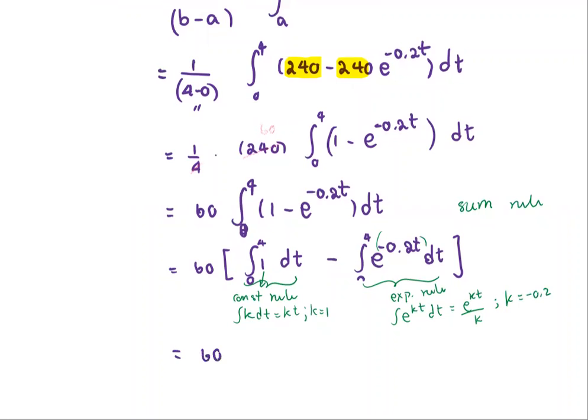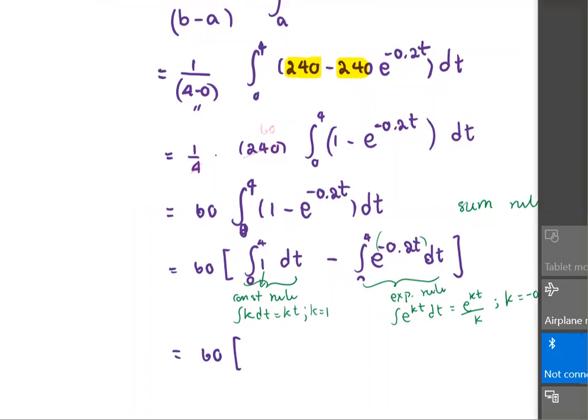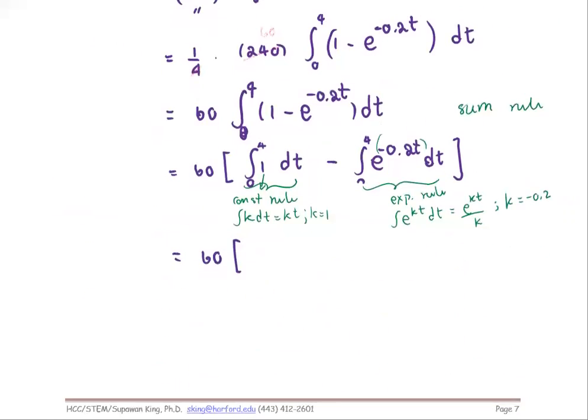Now we just simplify each one and apply the rule. The first one becomes k times t, or 1 times t, or just t. The second one is e to the power negative 0.2 t divided by negative 0.2, evaluated from the lower limit 0 to the upper limit 4. Next, simplify before we replace the limits.